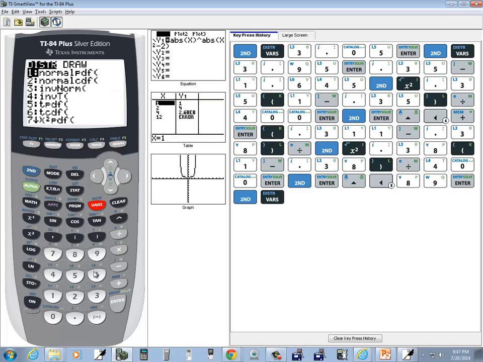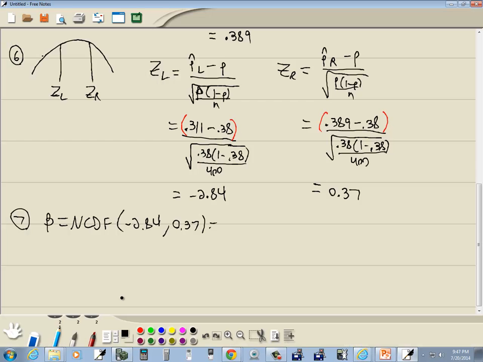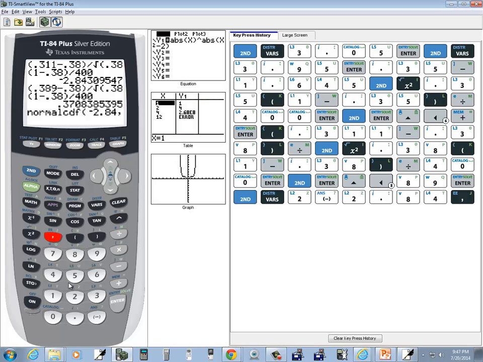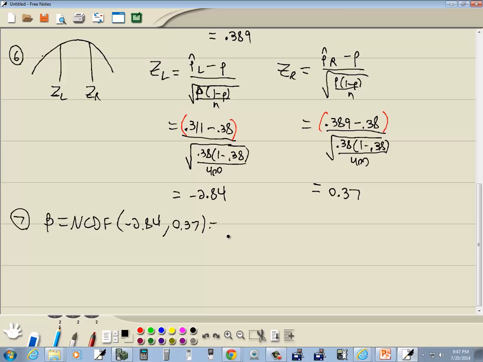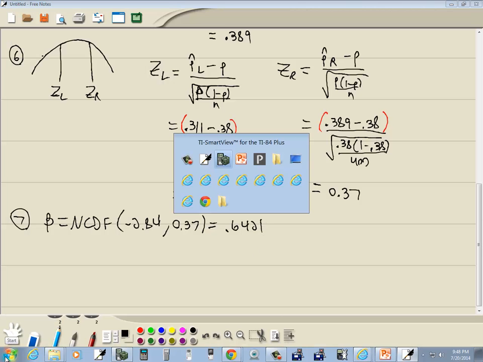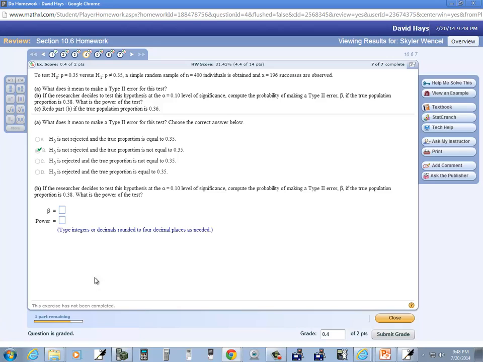Second var's normal CDF, negative 2.84, comma, 0.37. I want to take it to 4 decimal places, I think. 0.6421. 4 decimal places, yeah. So 0.6421.